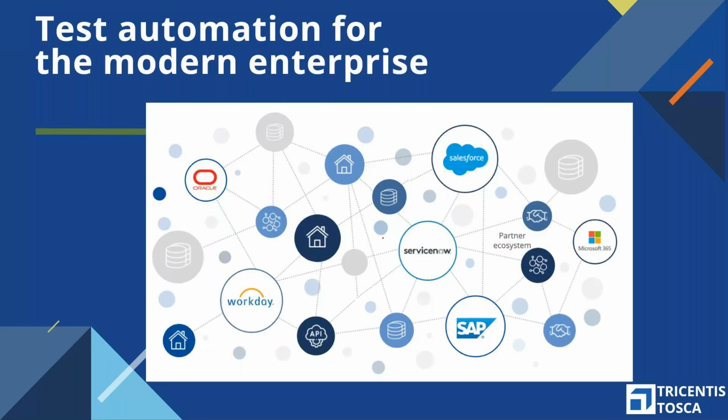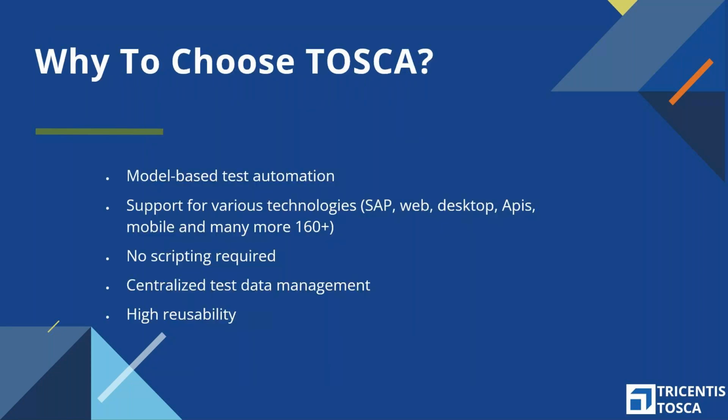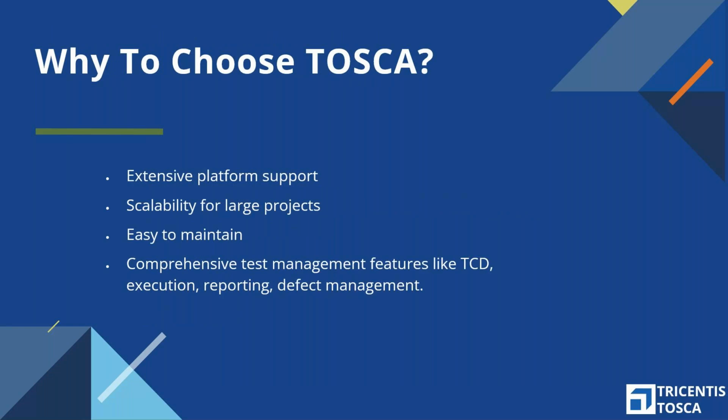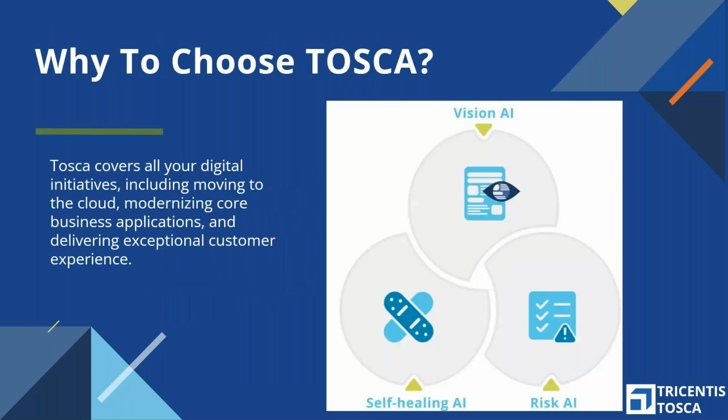Tosca supports the automation of Workday, SAP, Salesforce, Microsoft 365, Oracle, and many more. API testing is also supported. Along with that, Tosca supports 165-plus technologies. So why choose Tosca? There are multiple reasons to choose Tosca over existing tools available in the market.